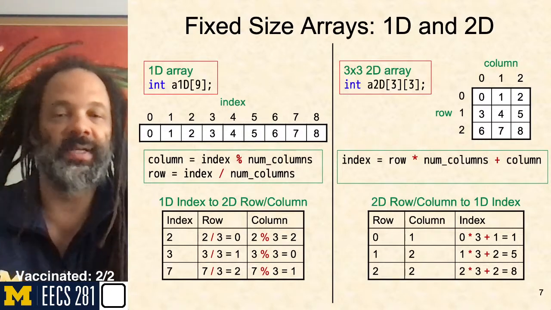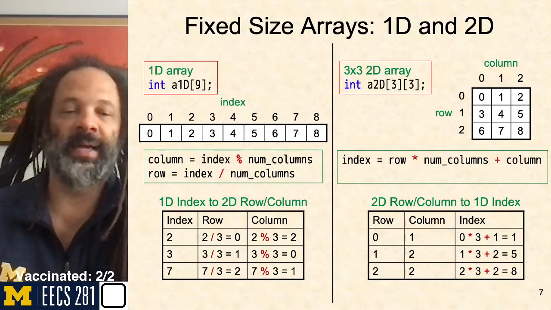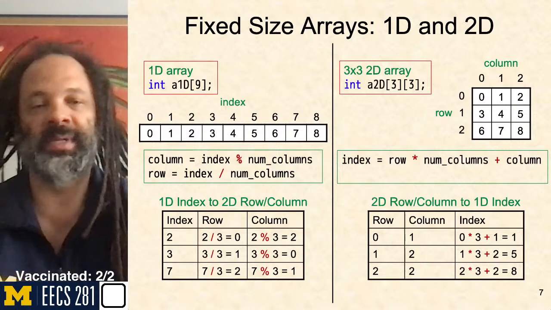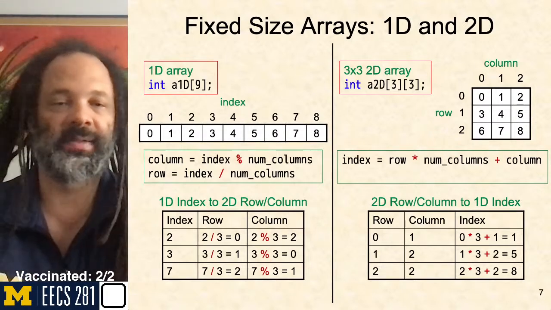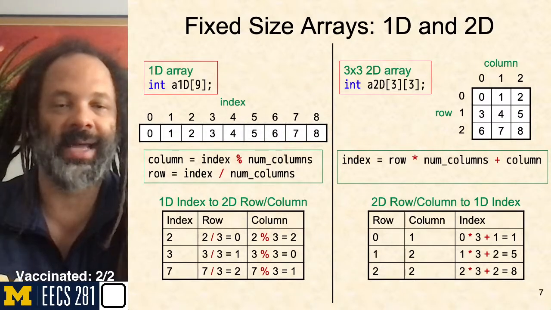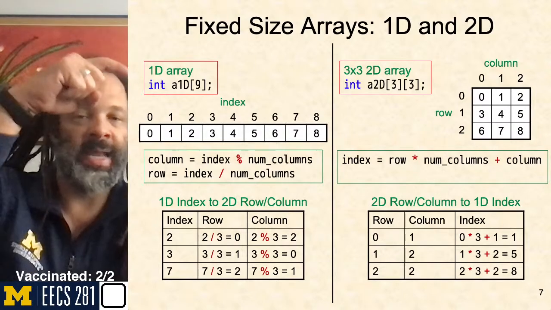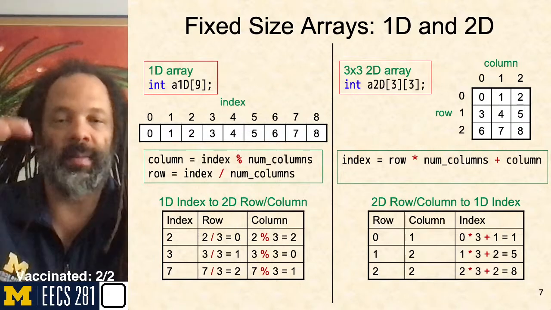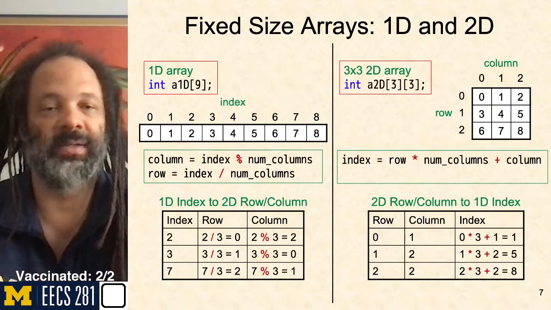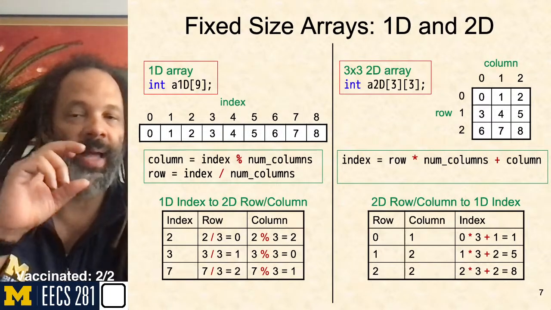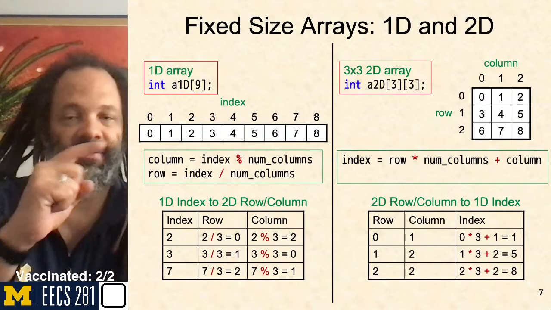On the far side, you see that the index for finding something in the 1D format would be the row times the number of columns plus what column we were trying to access, and that would give us the index there. So column and row here, index over there, interchangeable. They both can access these same things. So if you wanted to access a 5 on the far side, it would be giving you the same column and row here that you would find at the 5 in this index.